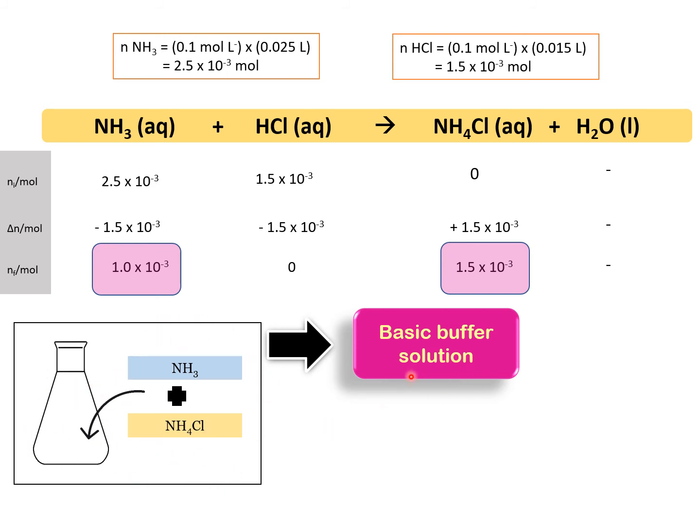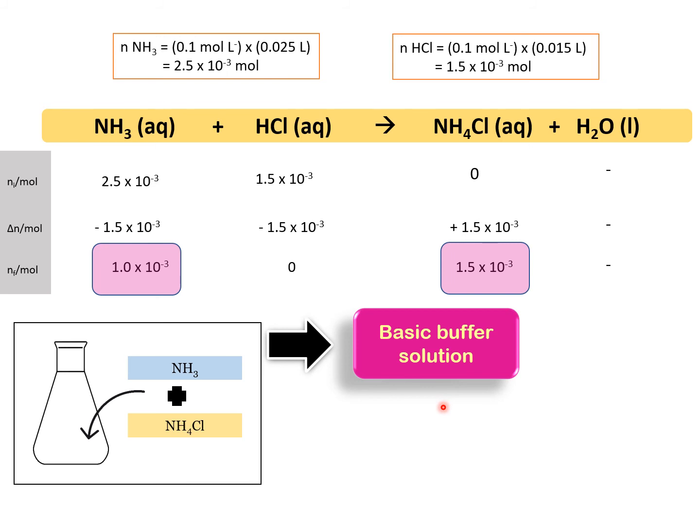So, since we have a mixture of basic buffer solution, boleh tak awak nak kira pH equals to negative log H3O plus ataupun negative log H plus? Tak boleh. Buffer mesti pakai Henderson-Hasselbalch equation. And ingat, untuk buffer Henderson-Hasselbalch equation kita ada dua equation. One is for acidic buffer, the other one is for basic buffer.